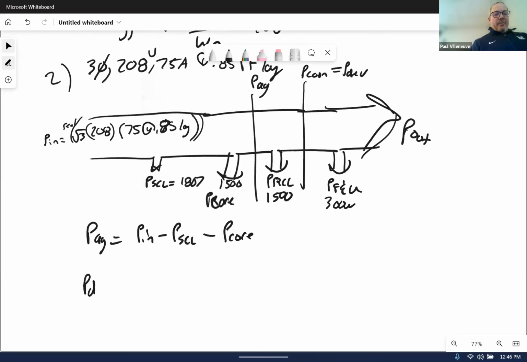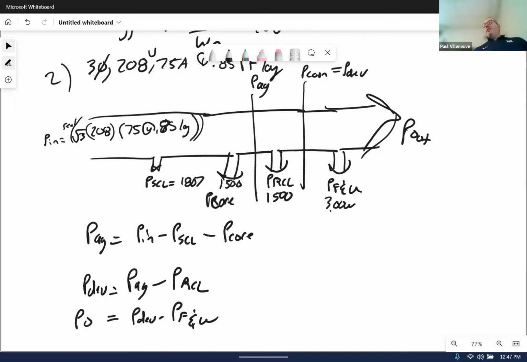My developed power is the air gap power minus my rotor copper losses. The next thing it says is P out, because when it says shaft output power, hopefully everybody knows it's just output power. That's going to be equal to my developed power minus my friction and windage losses.